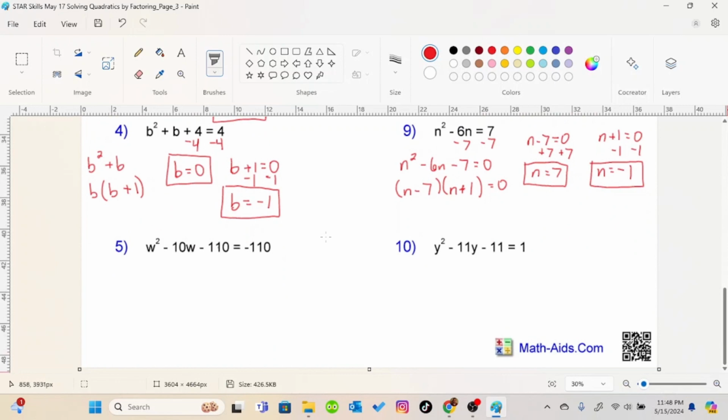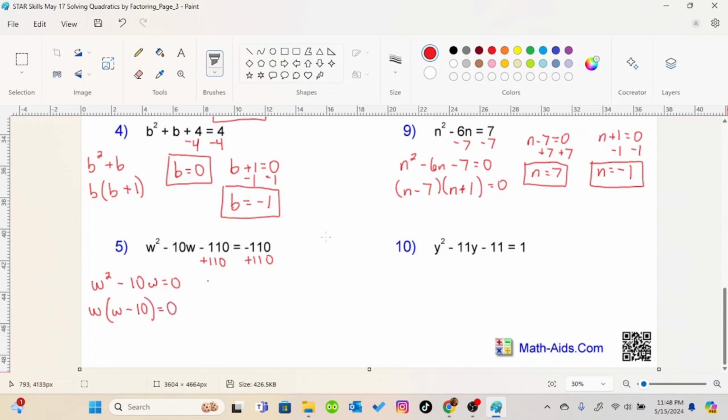Number 5. We're going to add 110 to both sides. This gives us the standard form quadratic equation w squared minus 10w equals 0. We're going to factor out a w. W squared divided by w equals w, and negative 10w divided by w is negative 10.